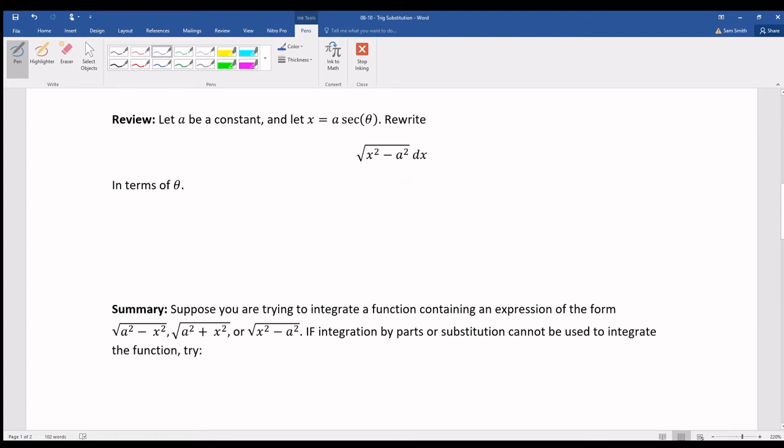Likewise, if we have a subtraction but in a different order, if we have x squared minus a squared, and we try the substitution x equals a secant theta, then dx would be a secant theta times tangent theta d theta. x squared replaced with a secant theta becomes a squared secant squared minus a squared, and here's dx outside.